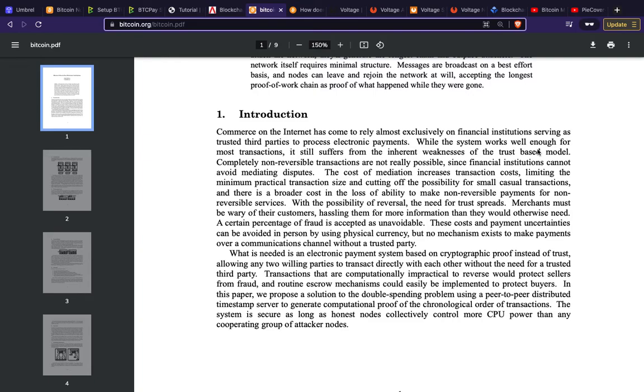So, completely non-reversible transactions are not really possible since financial institutions cannot avoid mediating disputes. Those financial institutions have to get involved to mediate disputes, right? They have to make sure that if something goes wrong, they can reverse that transaction.